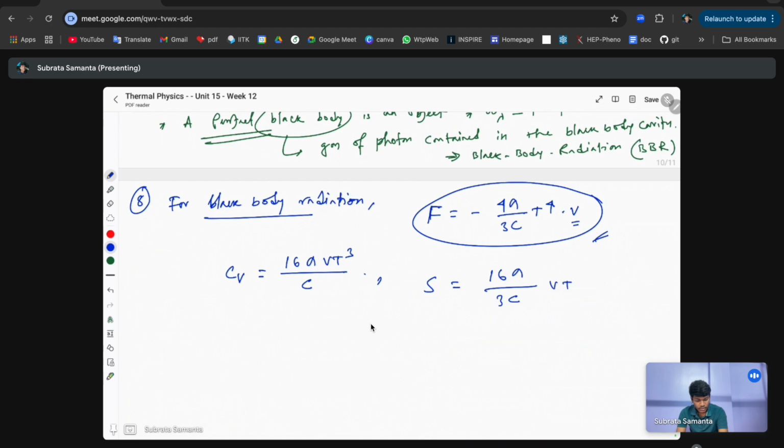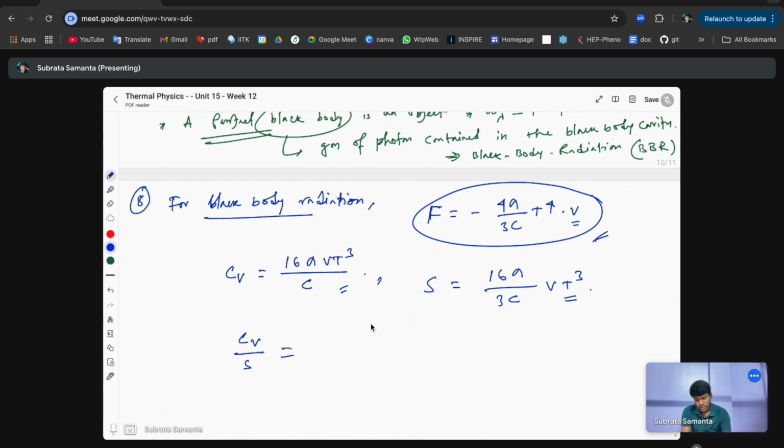again the same dependence Vt cube. This is basically also related to one derivative of free energy with respect to temperature, so that's why T cube. So all have the same temperature dependence. Once we take the ratio Cv over S, the temperature dependence cancels out, so you do not need to know the temperature.